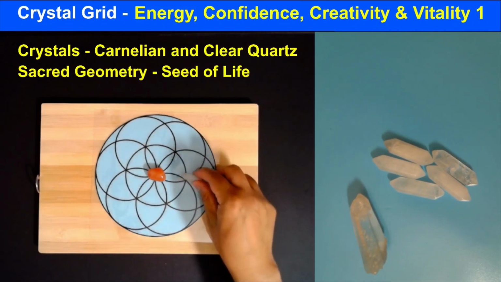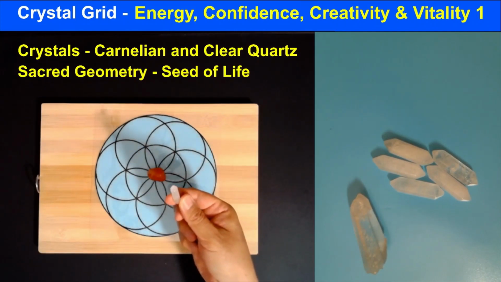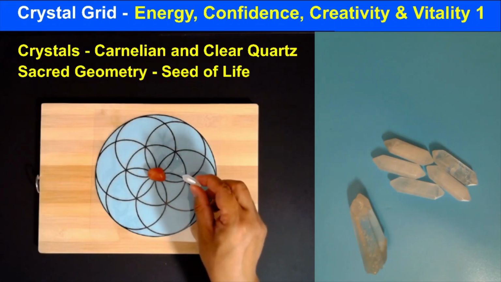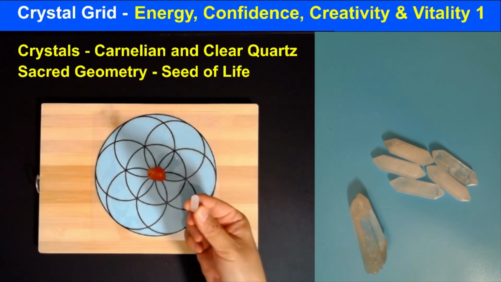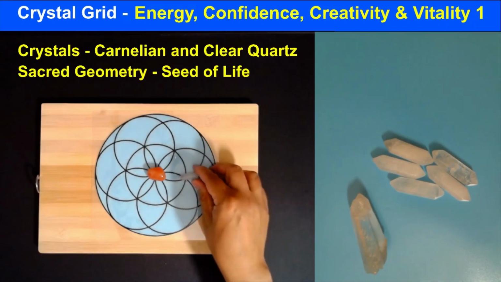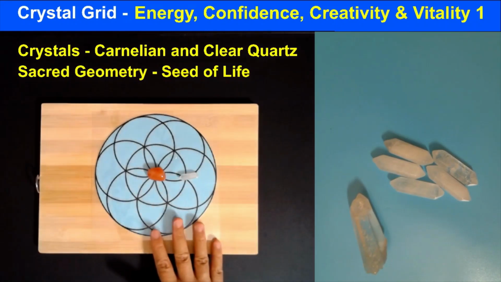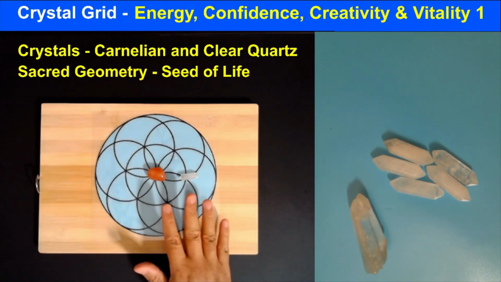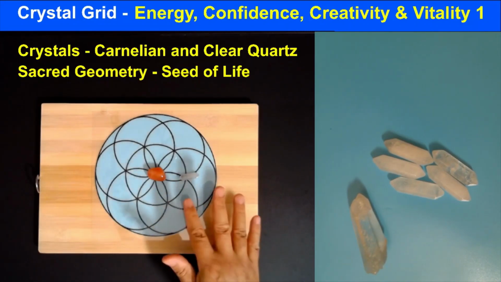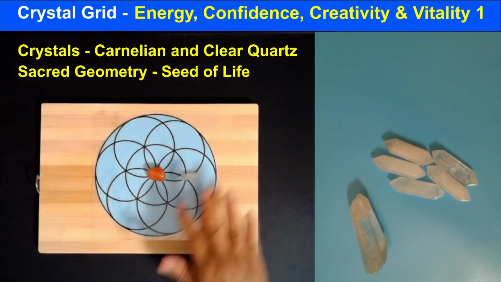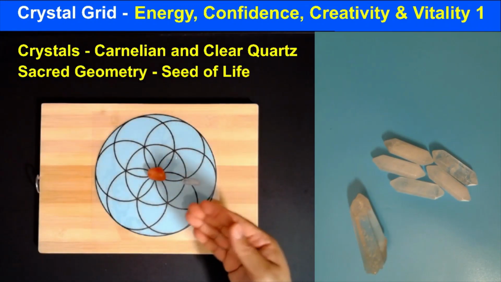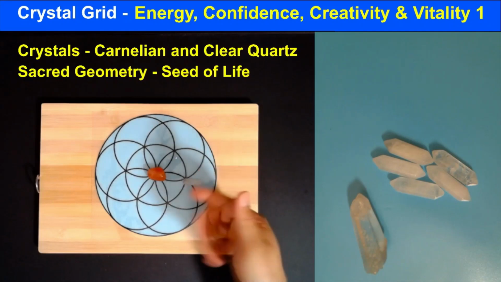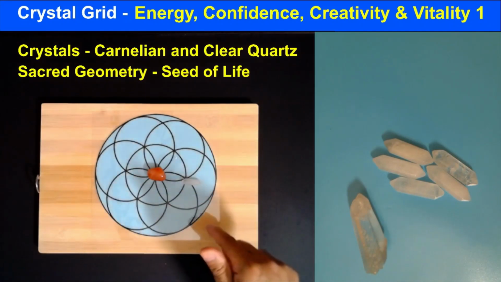At the same time, this one energizes stagnant energy. So in a certain sense, having a clear quartz in your crystal grid will maintain and energize the crystal grid, because it energizes stagnant energy around the area.